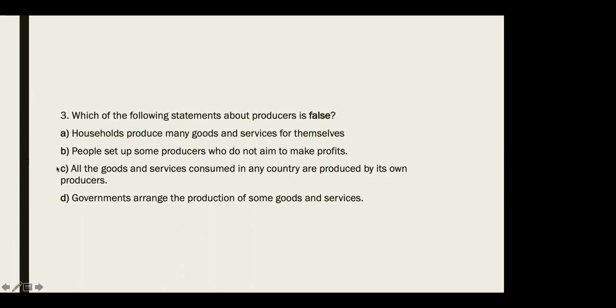And option C, which is the odd one or false, is: all the goods and services consumed in any country are produced by its own producers. In the present situation, no country is able to produce all of its goods and services. It somehow has to depend on other countries, since the resources it has cannot produce all the goods and services which it needs.